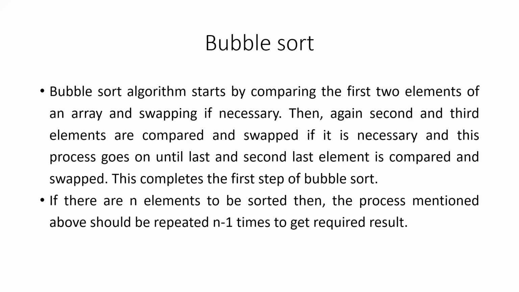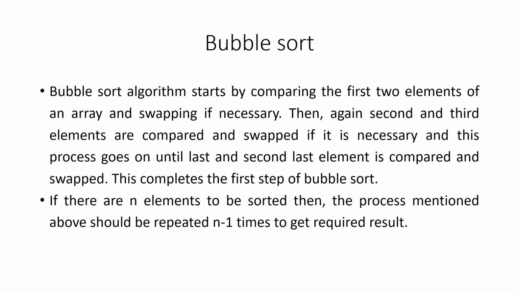If they are in order, we will not do anything. Then we consider the second and third element, moving one step ahead. If they are not in order, we swap the numbers, and this process goes till the last element of the array.